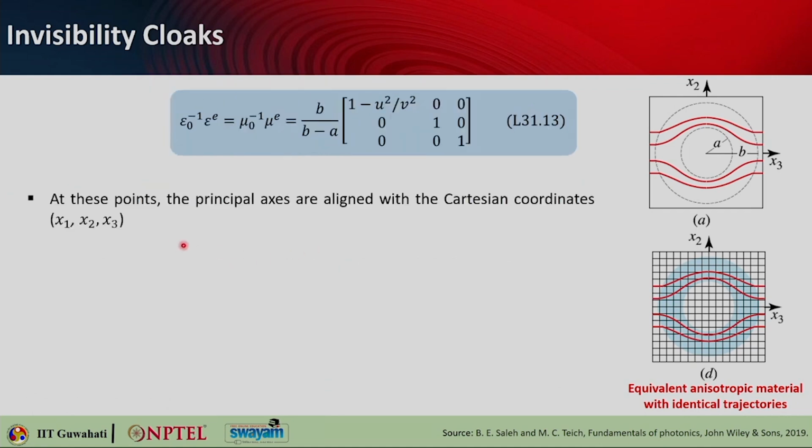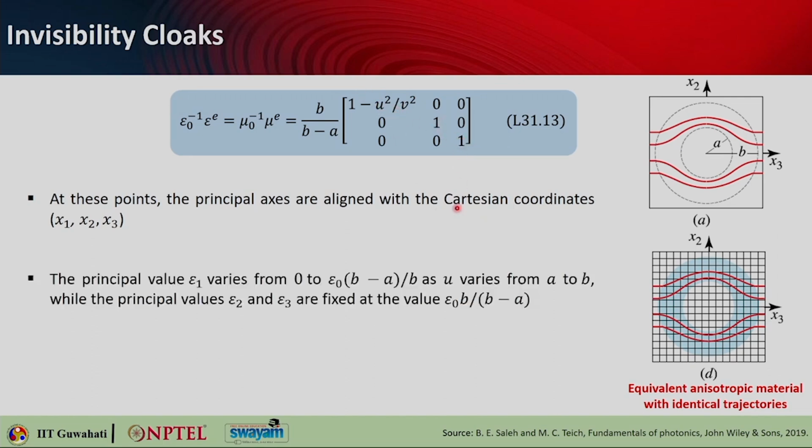And at all these points, the principal axes are aligned to the 3 Cartesian coordinates x1, x2 and x3, and you can think of the principal value epsilon 1 that varies from 0 to epsilon naught times (b minus a) over b. So, this is the range over which epsilon 1 will vary, because u is varying from a to b.